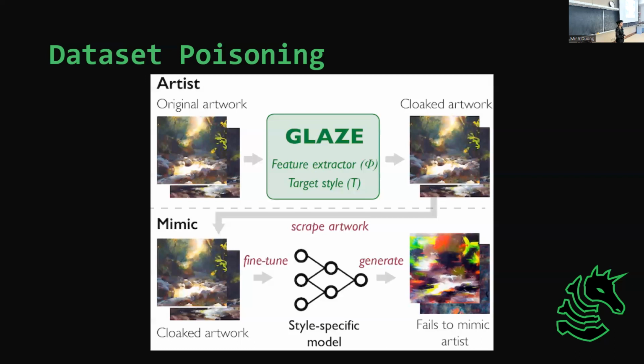Maybe I'm misunderstanding the attack, but let's say I'm an artist and I cloak all my artwork. Then someone downloads all my artwork and they want to mimic my art, but they use a robust model instead of a non-robust model. Will it still fail to mimic my artwork?